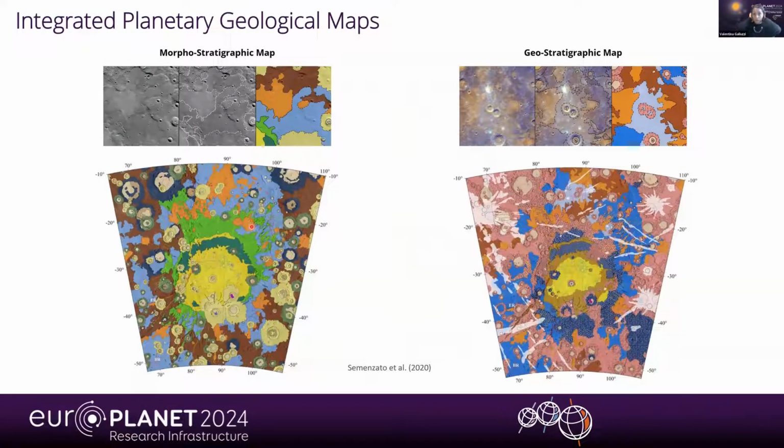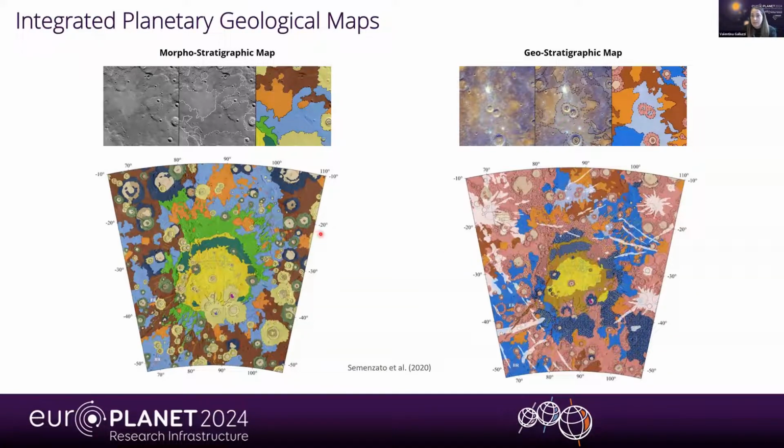And to conclude this and to answer the first question, how can we solve the dilemma of doing a morphostratigraphic map or a geostratigraphic map? Well, in some cases, some authors decided to associate the two maps.